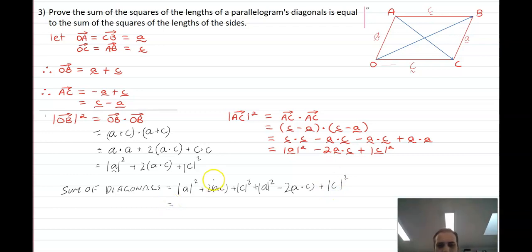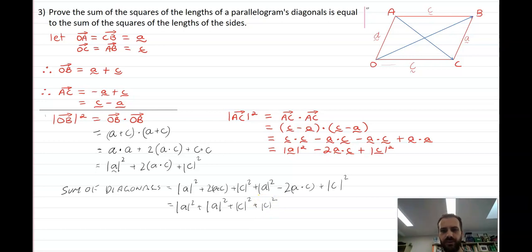All right, so what happens? We've got a 2A dot C, we've got a negative 2A dot C, we can cancel those out, and we're left with the magnitude of A squared plus another magnitude of A squared, plus a magnitude of C squared, plus a magnitude of C squared.